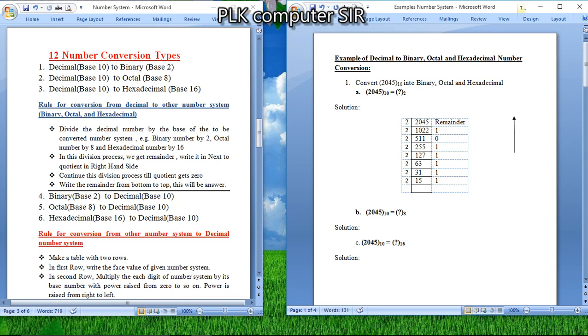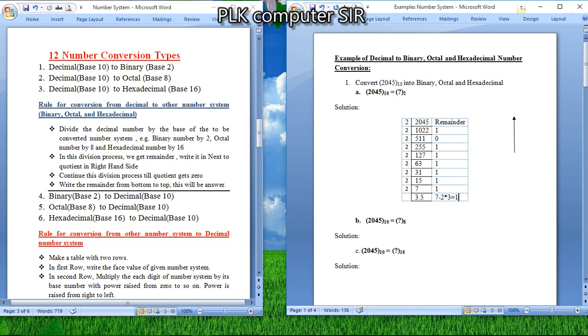Now it will come 7.5. How to get it? 15 minus 2 into 7, the answer will be 1. In this way we are finding the remainder. By 2 again we have to divide, so it will be 3.5. How to get this one? 7 minus 2 into 3, whole number only.